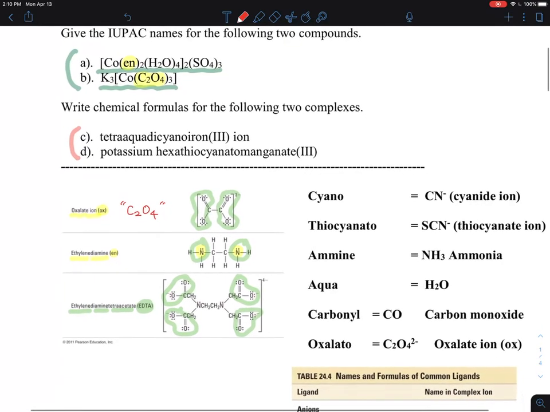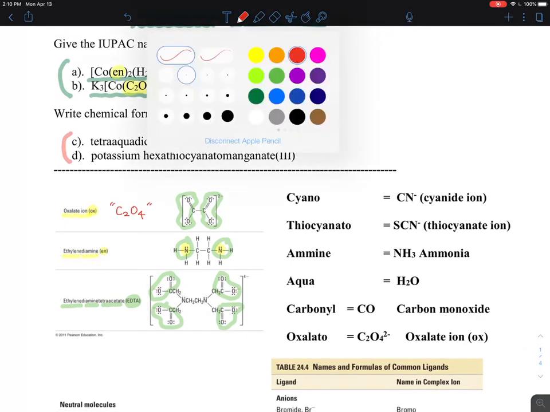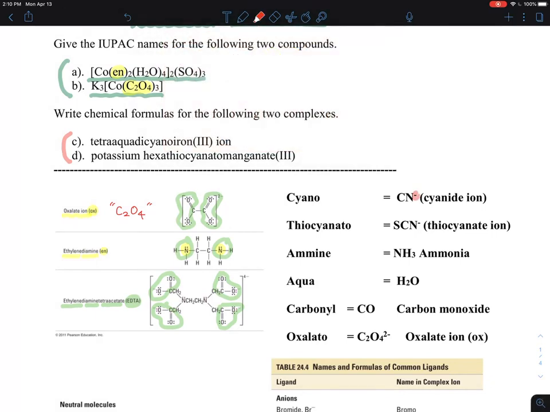And also for the naming, you start to see different compounds, and I would like to highlight something that is negatively charged, which is this one, cyanide ion, and thiocyanide ion is negatively charged, and even oxalate ion is negatively charged. And this one actually ended up with cyano, thiocyanato, and oxalato. So those are some consistency that when you have a negative compound, then they have this name there.